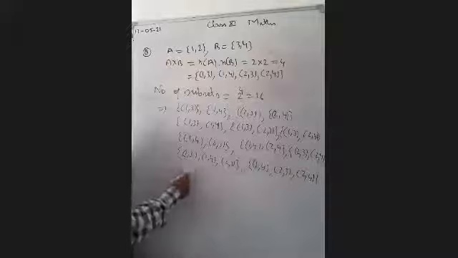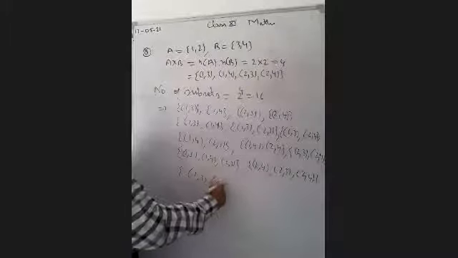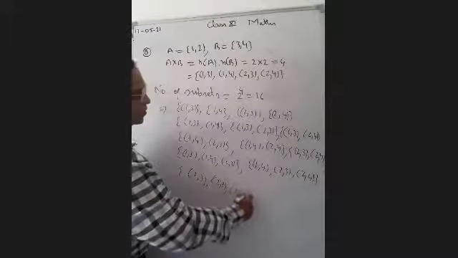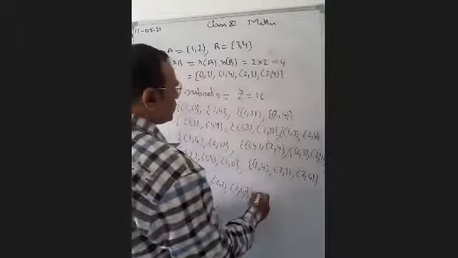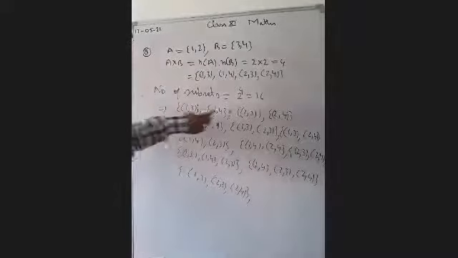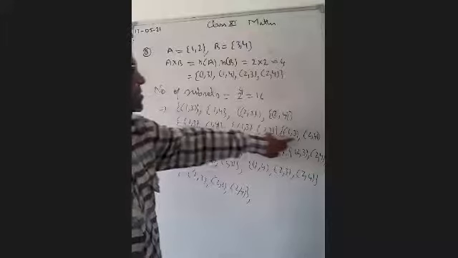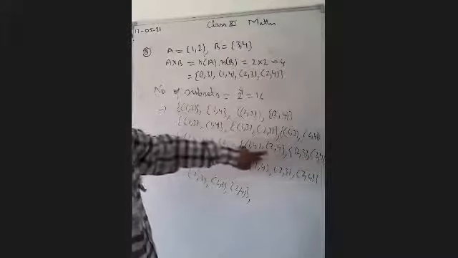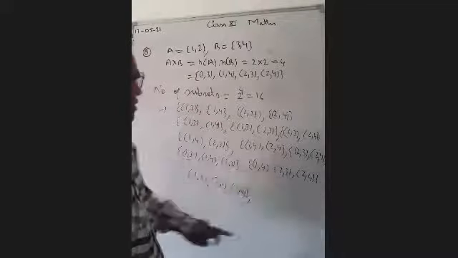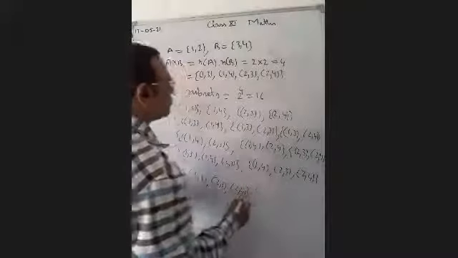Now we can take (1,3), (2,3), (2,4). Now we can take (1,4). How many have we got here? 1, 2, 3, 4, 5, 6, 7, 8, 9, 10, 11, 12, 13, and one more makes 14.